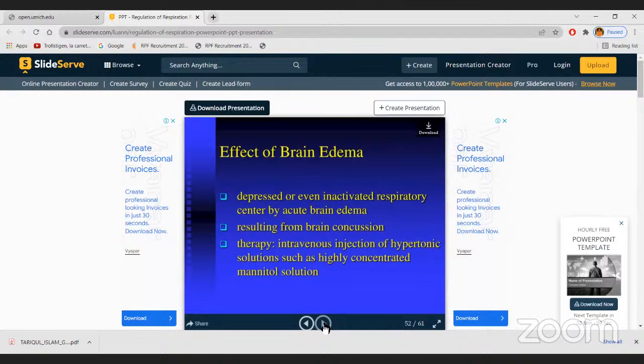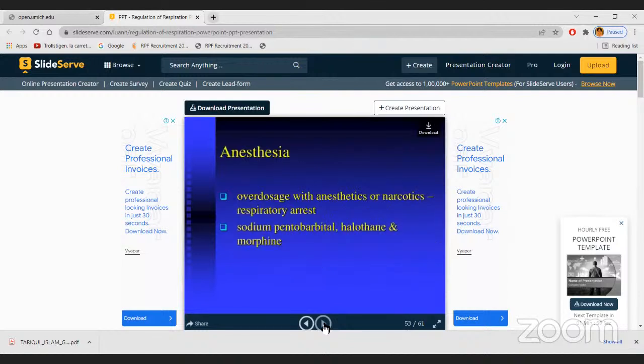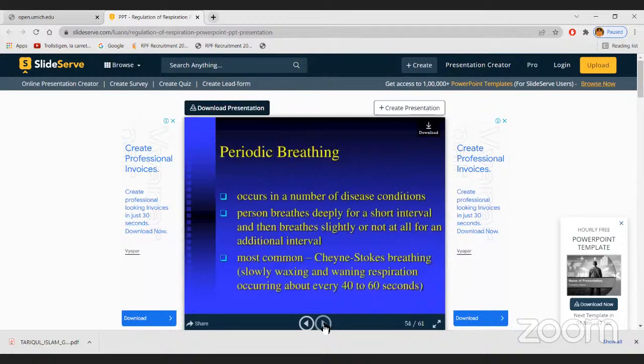Therapy intervenes with injection of hypertonic solutions such as highly concentrated mannitol solutions. Anesthesia overdose with anesthetics or narcotics can cause respiratory arrest: sodium pentobarbital, and morphine.